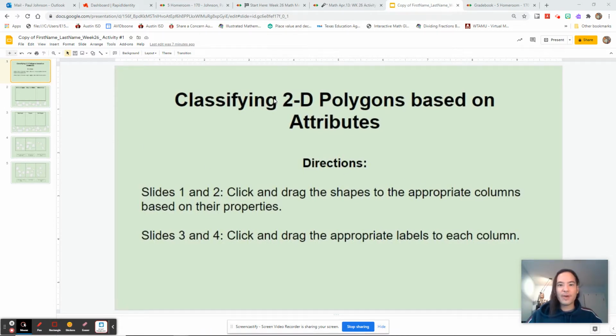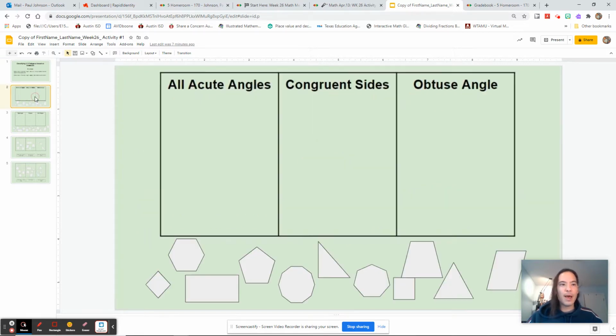So we're classifying 2D, two-dimensional polygons based on attributes. Attributes are things like congruency. Remember, congruent means same size, same shape. Some of our attributes are going to be looking for acute angles.